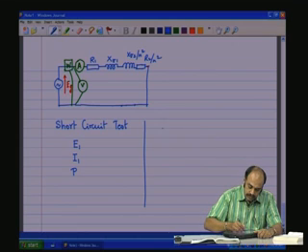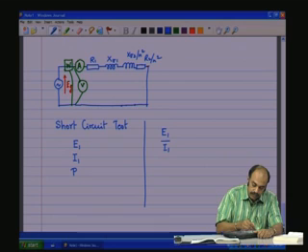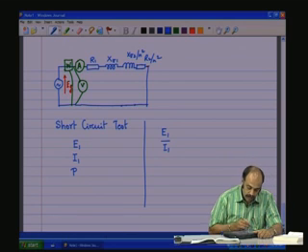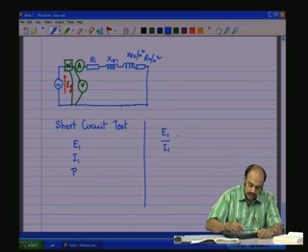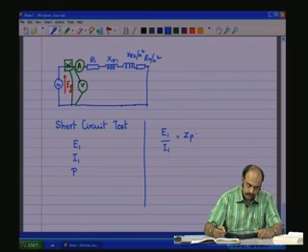Now, ZP is E1 divided by I1, the voltage across the primary divided by the short circuit current. So, ZP is obtained.